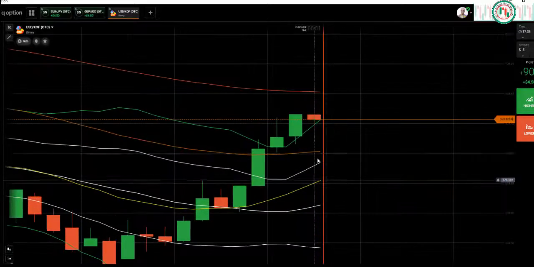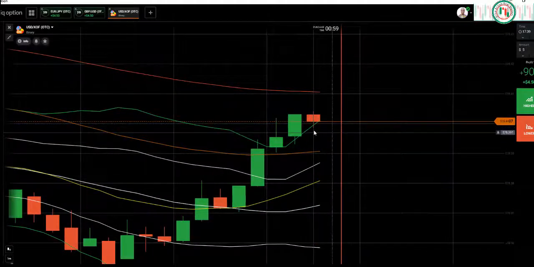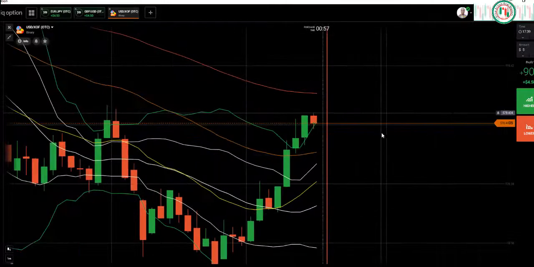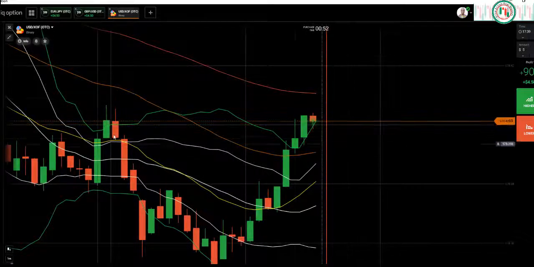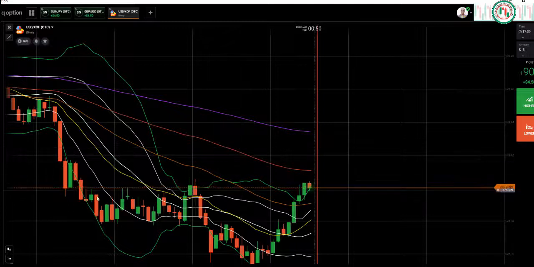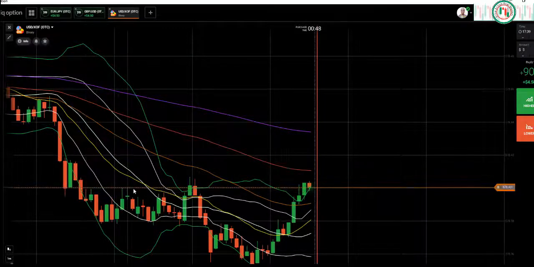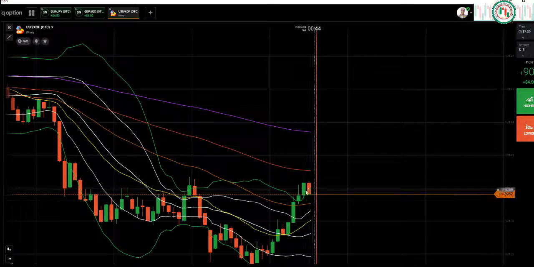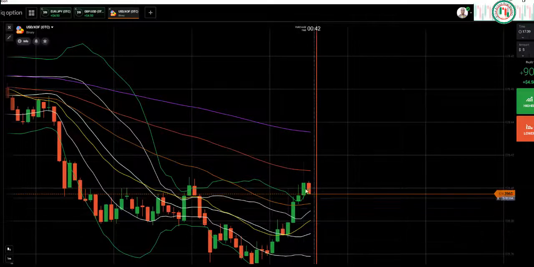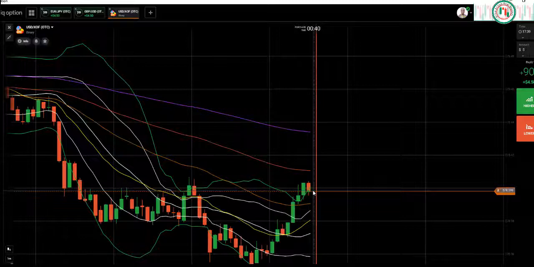I would have placed my trade below this round number. You see, but here 1, 2, 3, 4, 5 attempts, and this is the strong momentum.